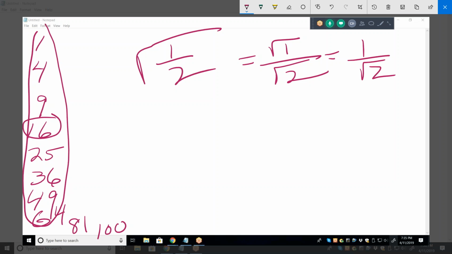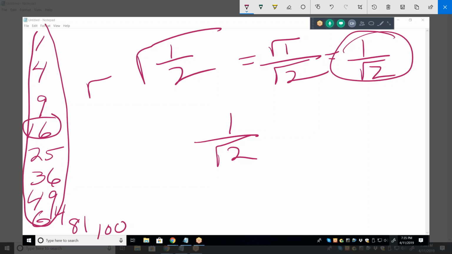Square root of 2. What's wrong with that answer? Have they taught you that? No. There is a convention in math that you're not supposed to have an irrational denominator. So, the square root of anything that is not a perfect square number is irrational. In other words, I'm going to write irrational numbers right here.